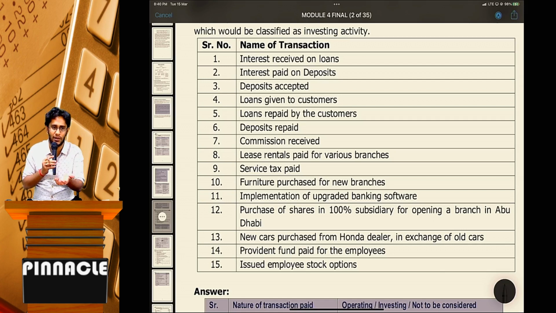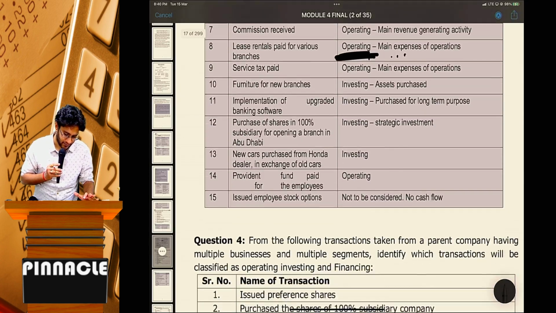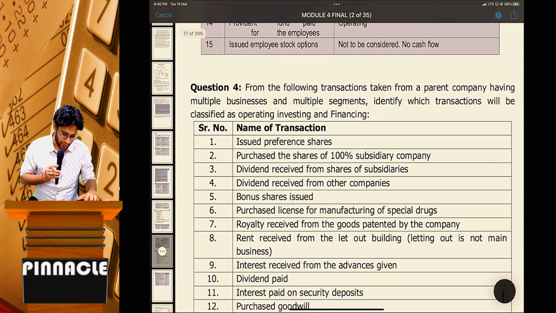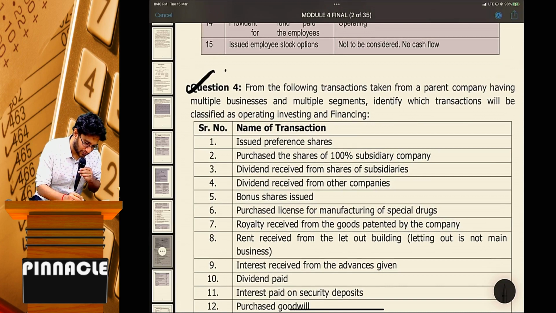Suppose some extra cash I paid, that's investing activity. PF paid for employees, that is employer contribution, definitely operating. Issued ESOPs, non-cash. You are slowly becoming a pro, sir.